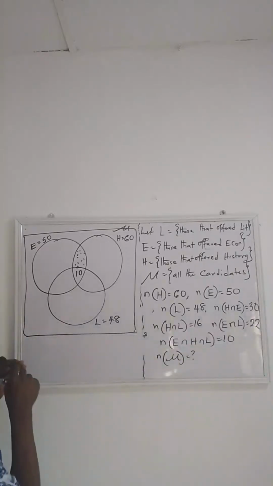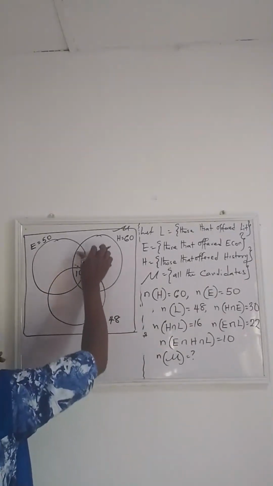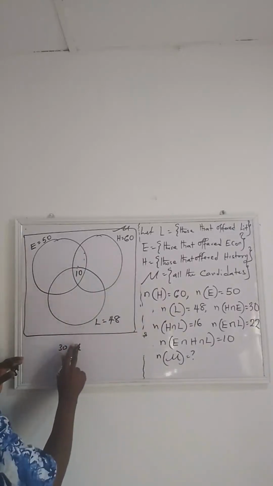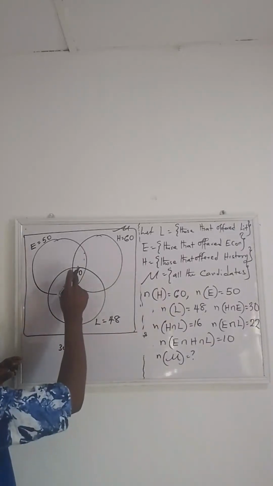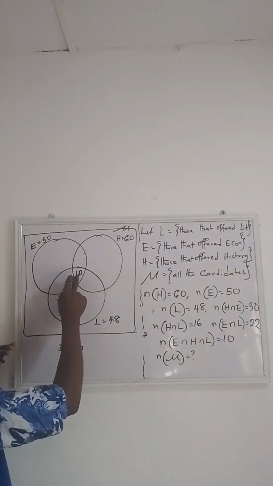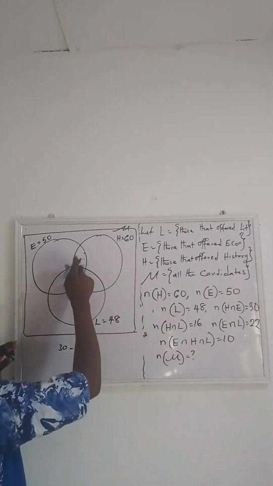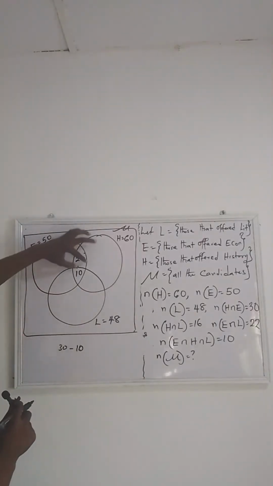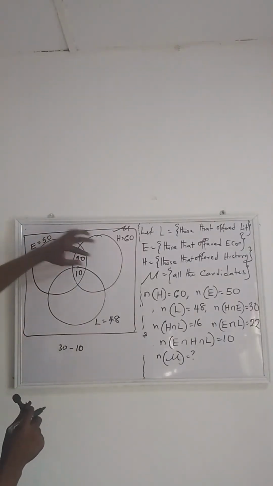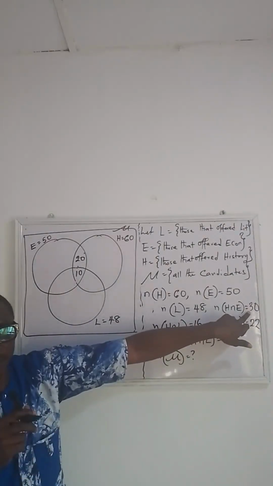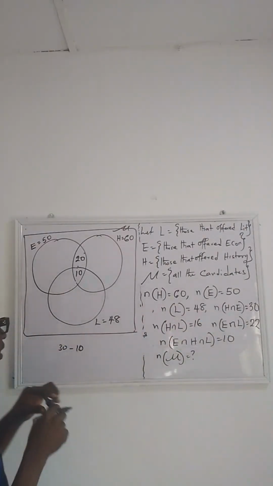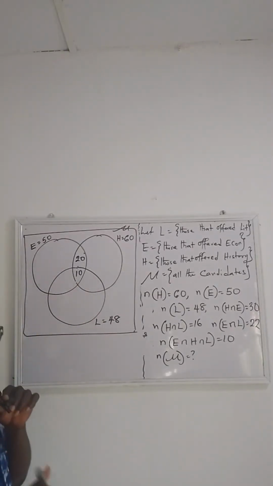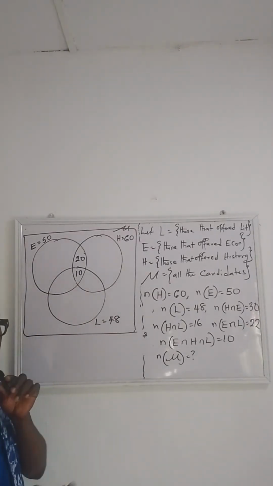So this place will now be 30 minus 10, because 10 of them offered literature. So this place is going to be 20. Now when you look at this region, you will see that the addition of this will give you 30. All right. So 20 students offered only economics and history.